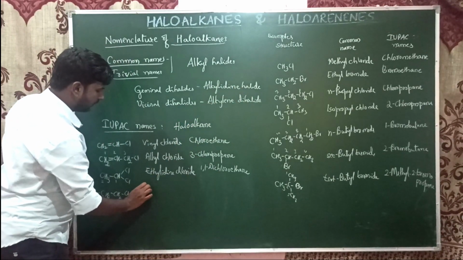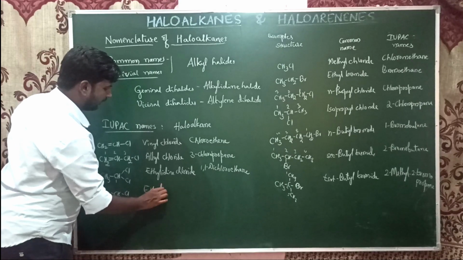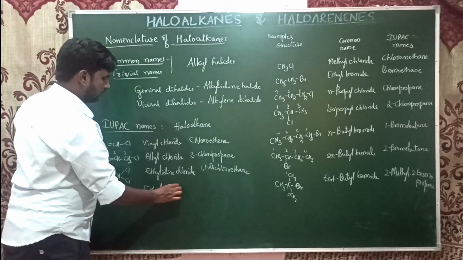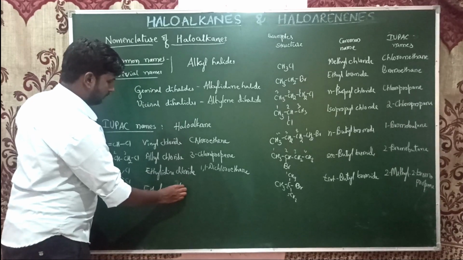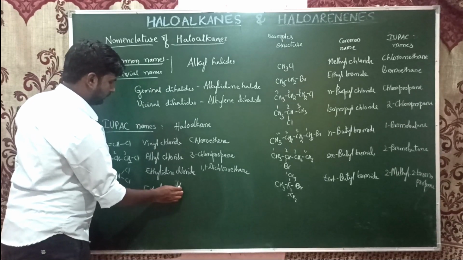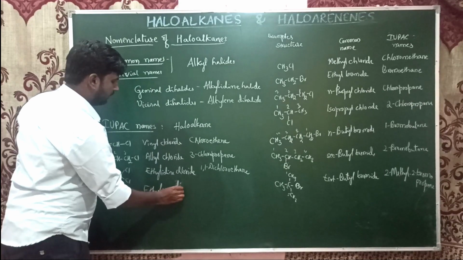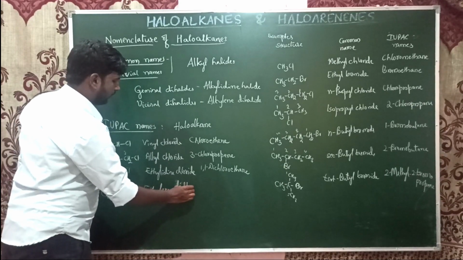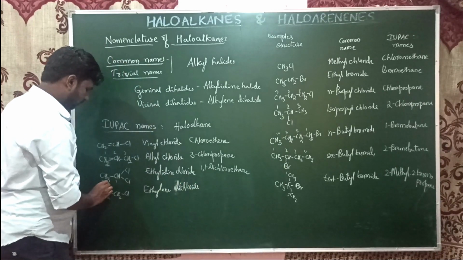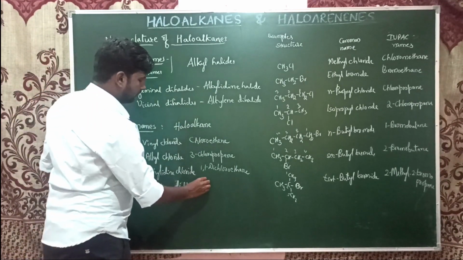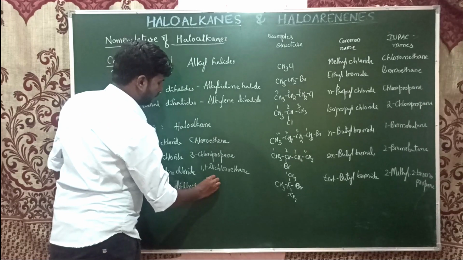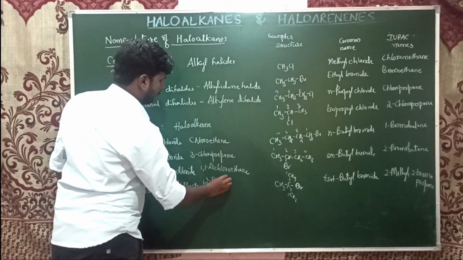So it will be ethylene dichloride. Here if you write the position 1 and 2, so 1, 2 dichloroethane.